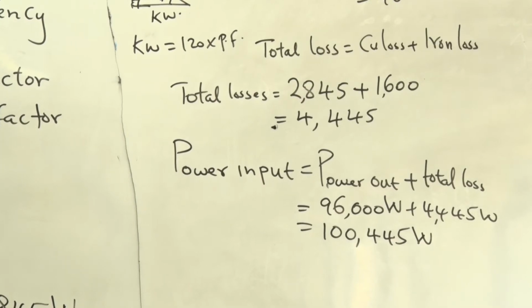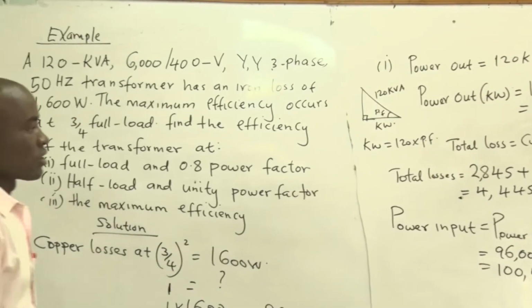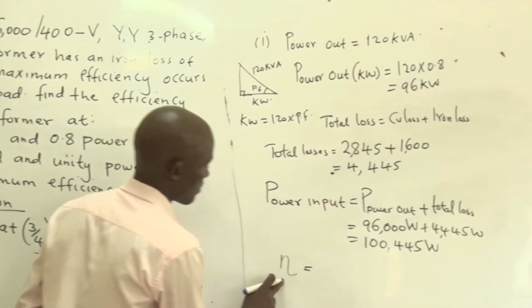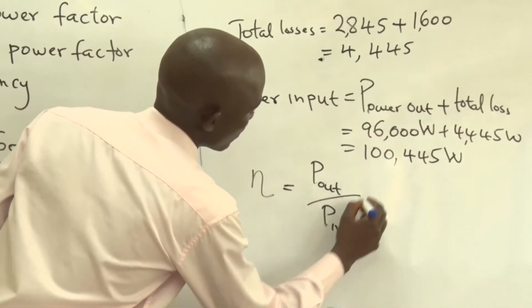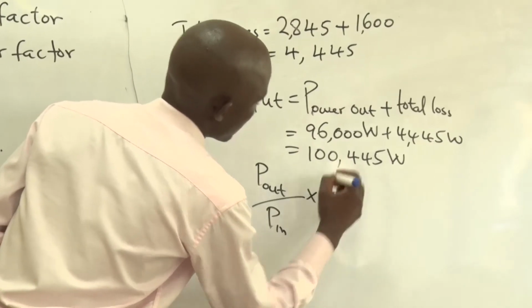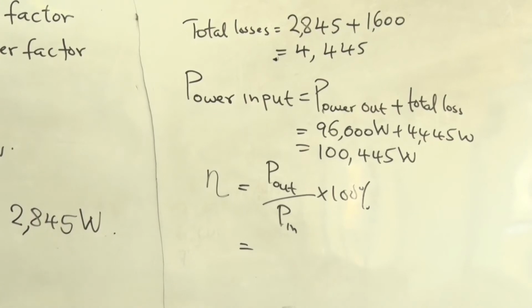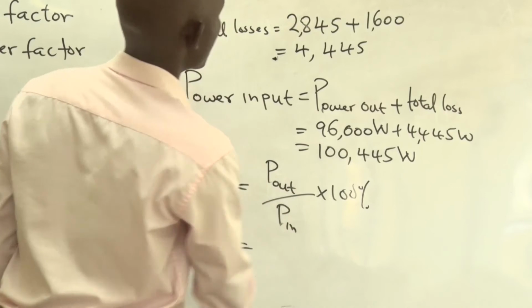We are now moving into an area where we want to get the efficiency. Remember, we are just doing part 1. So the efficiency, which is denoted by this, is given by P out over P in multiplied by 100%. The power output was 96 from this point.